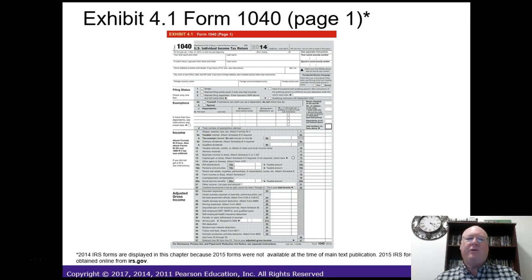But if, for example, you made an investment in stock on the stock market and you sold it for a profit, which is hopefully what you did, you're going to be recognizing that there's a capital gain there, and you're going to be paying tax on that gain. And it's going to be dependent on your tax bracket, and it's also going to be dependent upon how long you held the underlying asset.